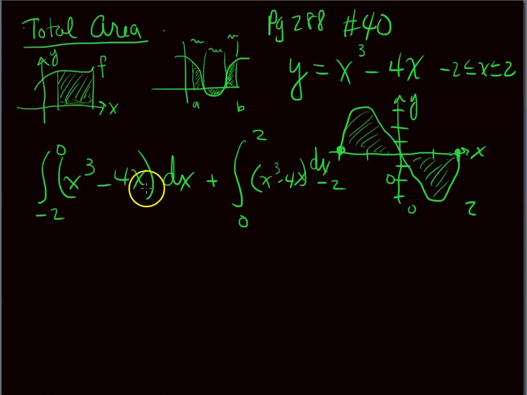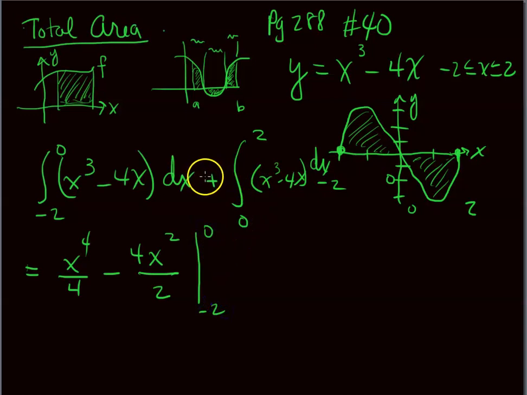Well, you just have to find this antiderivative once. That's what's sort of nice. What is the antiderivative? In this case, we add 1 to the power, x to the 4th, divide by that new power, minus 4x, add 1, so it's x squared, divide by the new power. That is the antiderivative. We're going to evaluate that from negative 2 to 0.